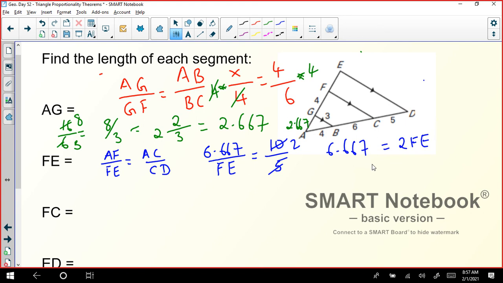So 6.667 divided by 2 gives us 3.33. Let's see what it rounds to actually. Okay, it's just 3.333.